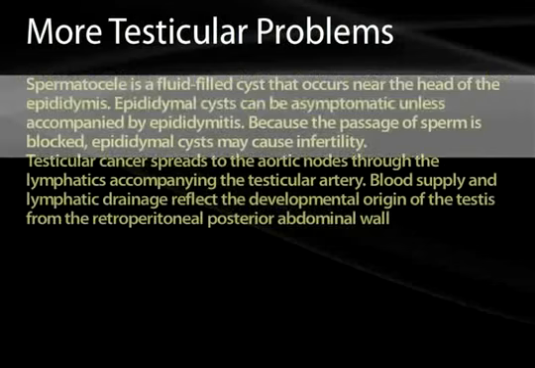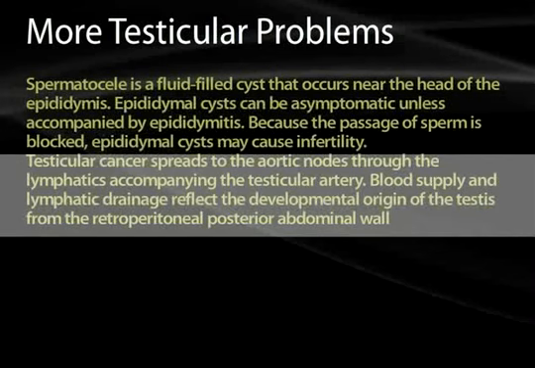A spermatocele is a fluid cyst that occurs within the head of the epididymis, and it can become a blockage, producing a cyst-like collection of fluid. They can be asymptomatic unless they're accompanied by an inflammation of the epididymis itself, or epididymitis. The epididymal cyst may cause infertility as well.